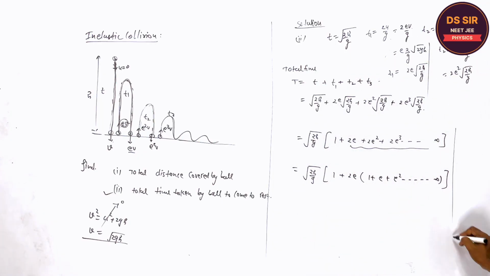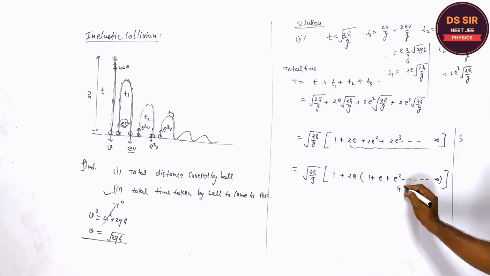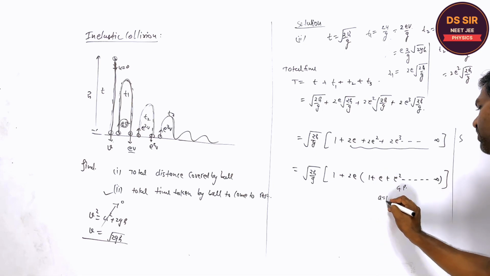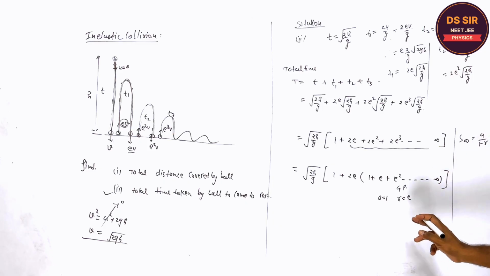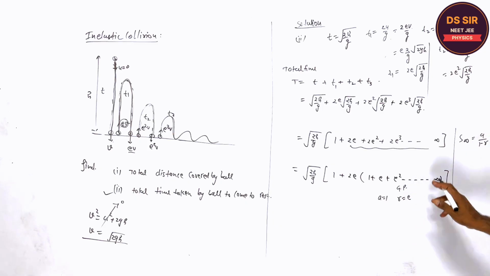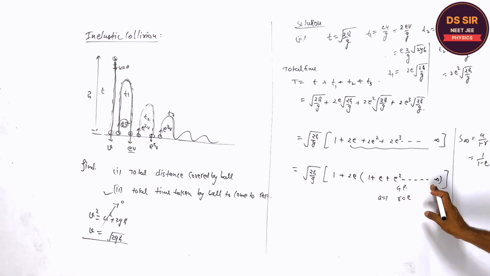What is the sum of infinite GP? This is the GP. The first term is 1. The common ratio is e. So the sum of infinite GP is a upon 1 minus r. Do you understand this or not, you tell? And the sum is 1 upon 1 minus e.